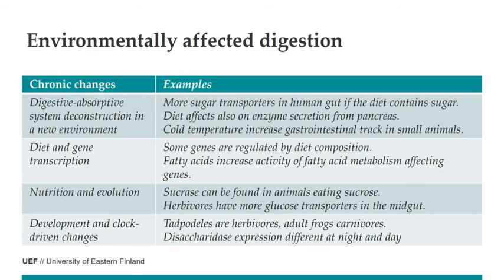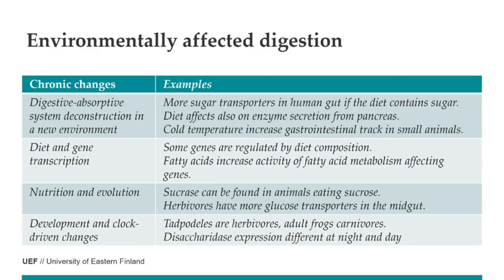And then one thing that is affecting digestion is also development and these clocks. The tadpoles are herbivores, but the adult frogs are carnivores, so they have a huge difference in their intestine during this development.